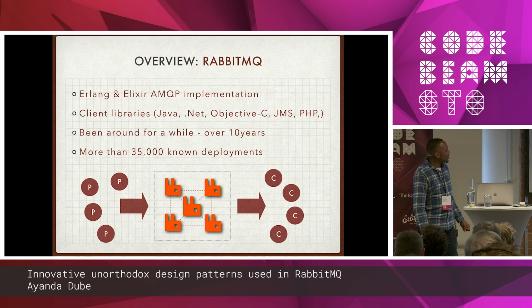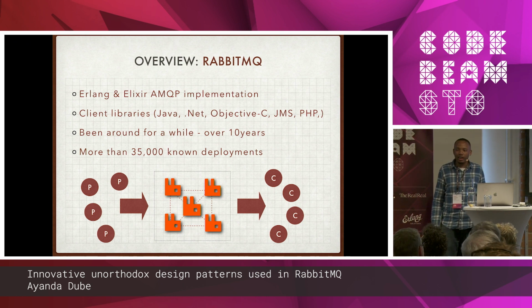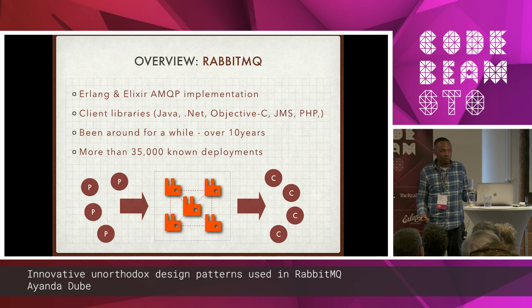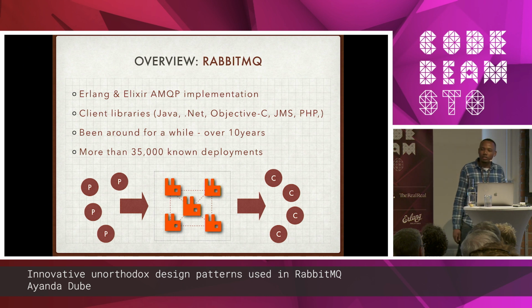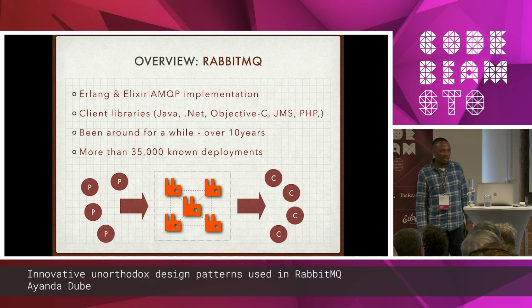So it's an Erlang implementation of AMQP, and recently it's including Elixir. So the CLI tools are all based on Elixir now. So it's now both Erlang and Elixir. And you've got a lot of client libraries in different languages. So literally, I can't think of one language which can interact with Rabbit.